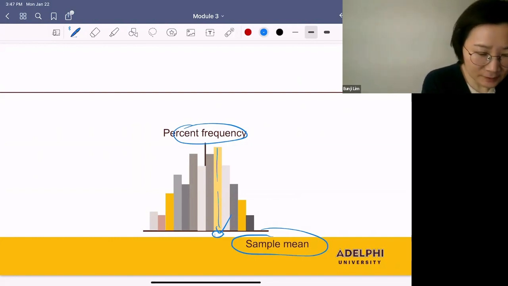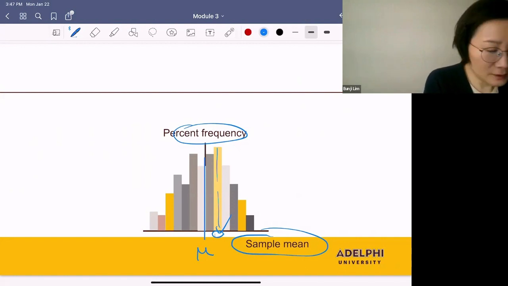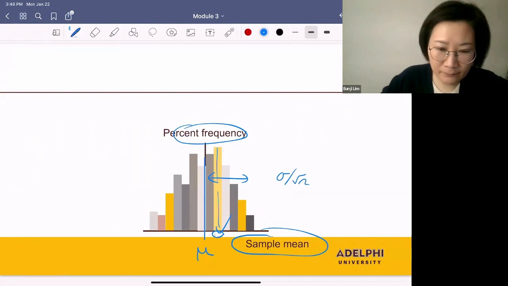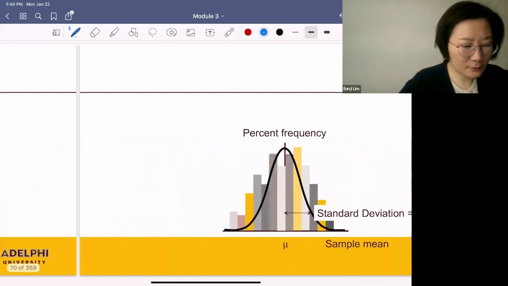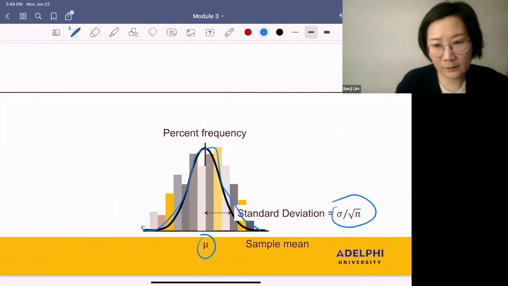And next, it says the mean of this distribution gets close to the population mean when the sample size is large enough. And next, it says the standard deviation of this distribution gets close to sigma over the square root of n when the sample size is large enough. So in other words, when the sample size gets larger and larger, the histogram gets closer and closer to this bell curve with mean mu and standard deviation sigma over square root of n.